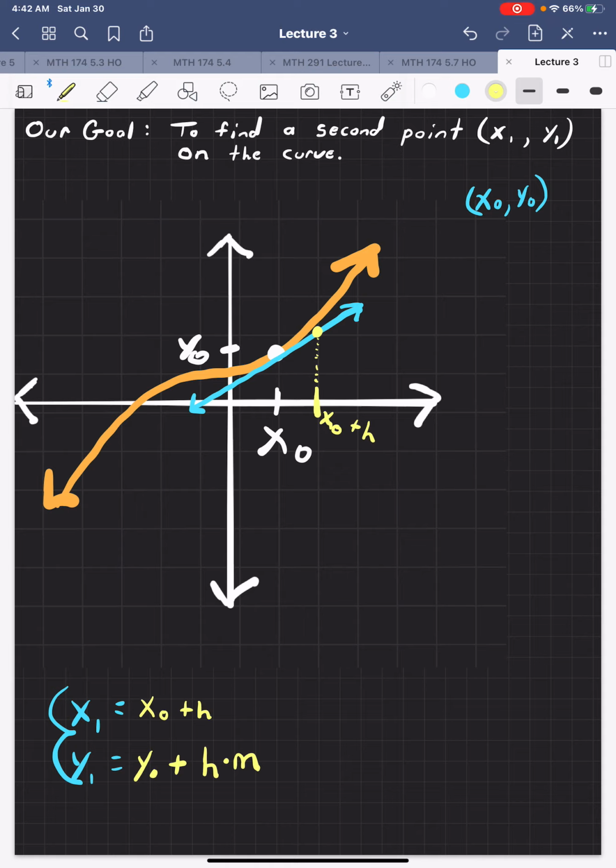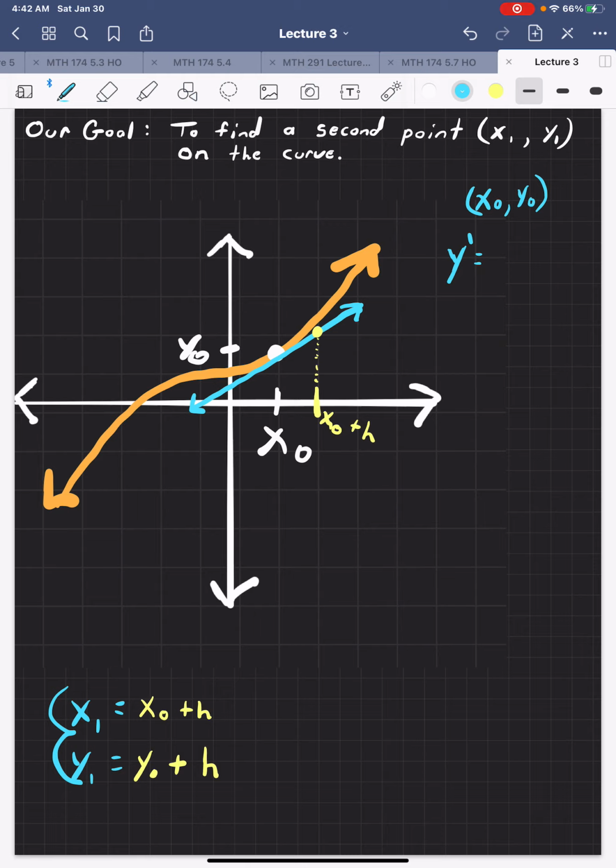Now, when we think about us finding the equation of that tangent line, well, that equation of that tangent line generates the slope, right? Anything linear has the same slope throughout the line.